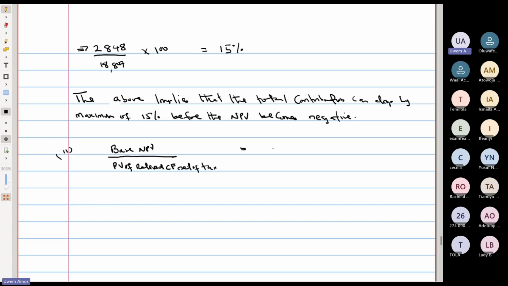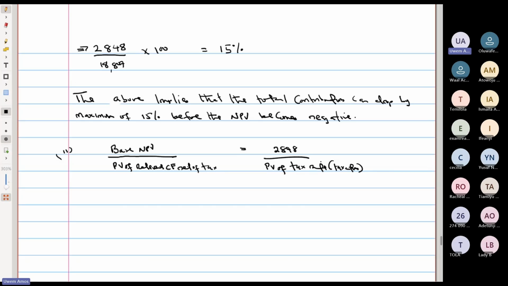We've calculated it from the very start, which is 2848. Divided by the present value of the cash flow we're considering this time, which is our taxation. Tax cannot be net of tax again because we're looking at tax. If it was any other item, it would be net of tax. But because it's tax, you cannot have tax net of tax. So it's present value of our tax.